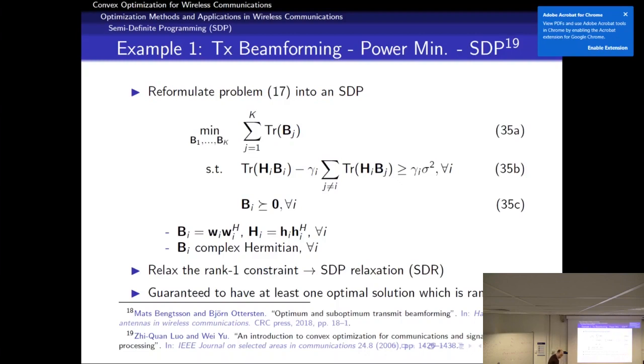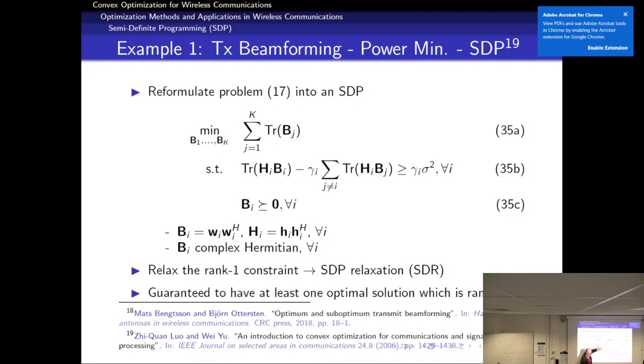What is interesting with that specific problem is that even though you remove the rank constraints, you can show that this problem has actually a rank 1 solution, right? So you solve this problem using CVX. You obtain some matrix B, which are now your optimization variables.